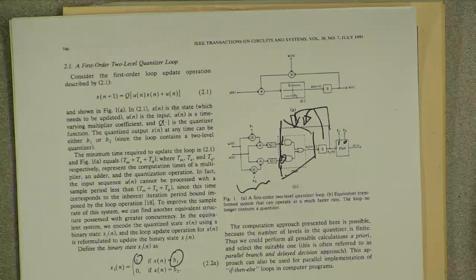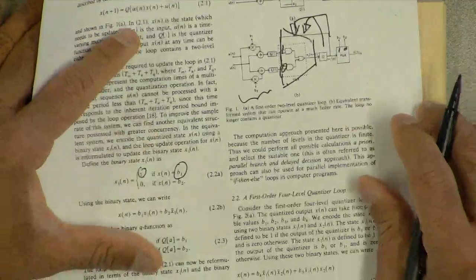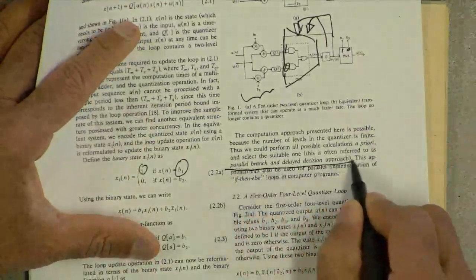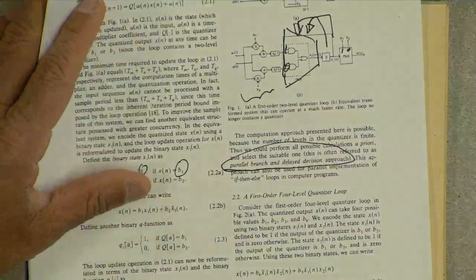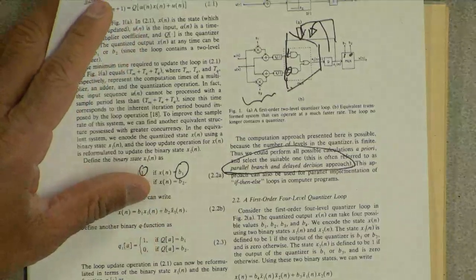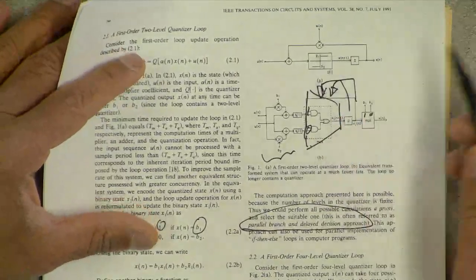And that's the idea of what we call parallel branch and delayed decision, because we are basically saying that we can compute all the values of the branch. The branch here is taking two possible values, B1, B2.